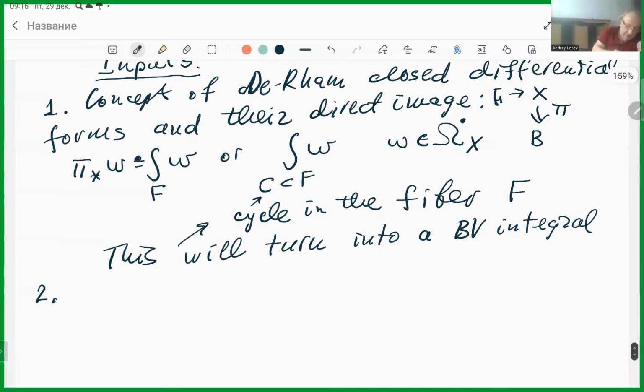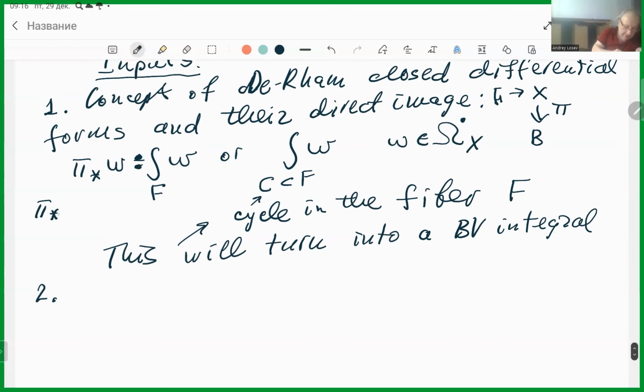And here the proper thing is the integral over the fiber or a cycle in the fiber. So in this sense, pi star depends on C. So it is this concept.